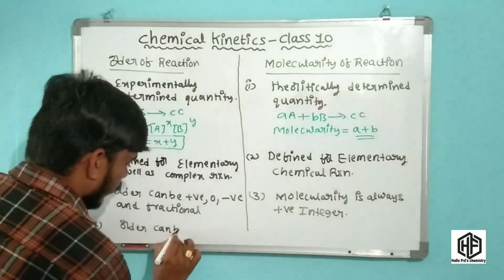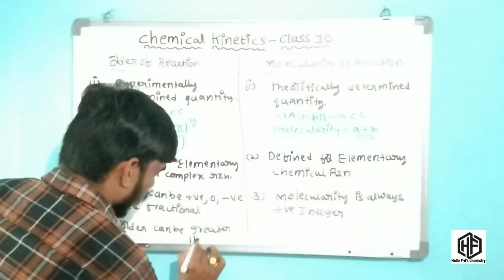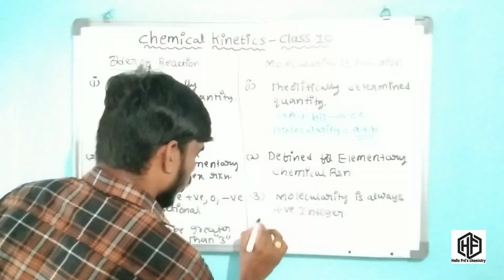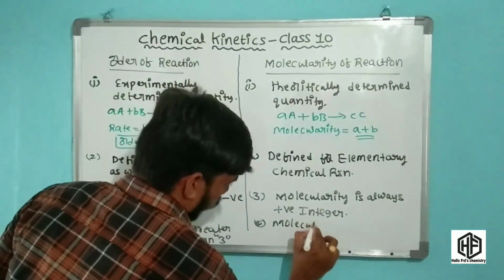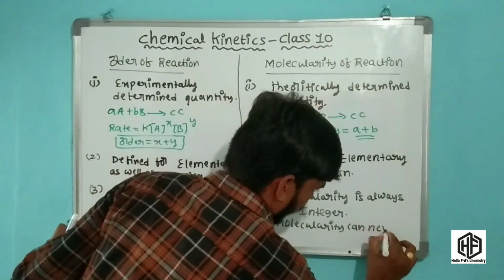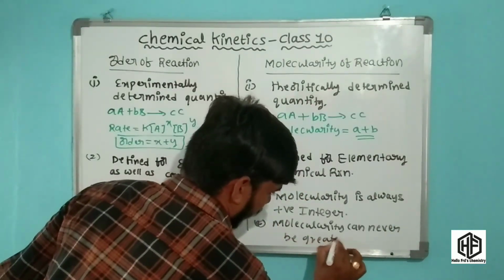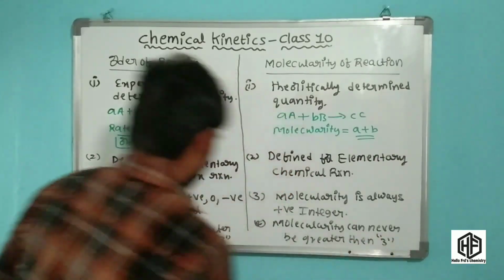Order can be greater than 3, but molecularity can never be greater than 3. This is very important, friends.